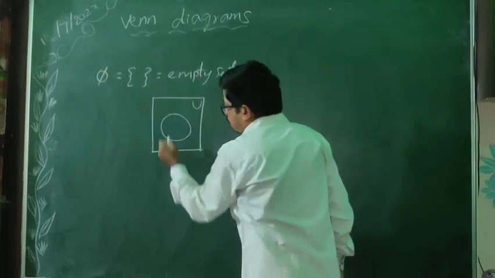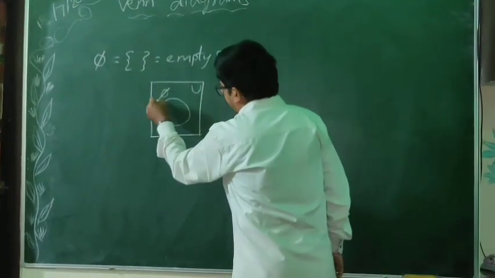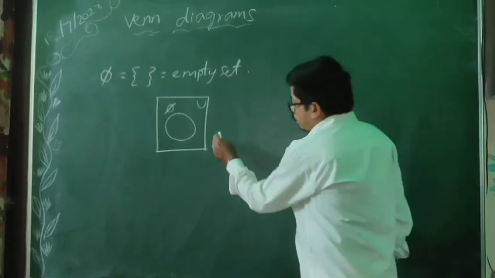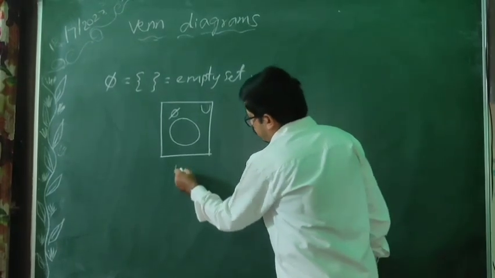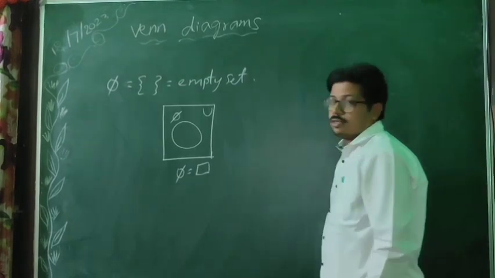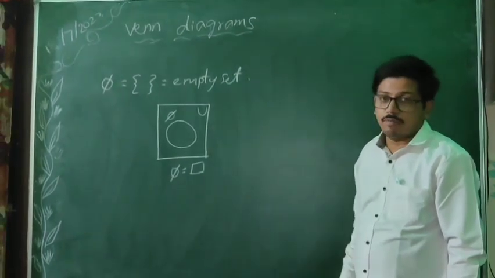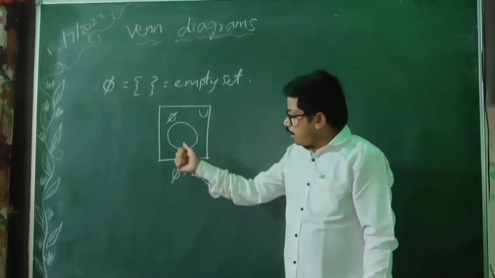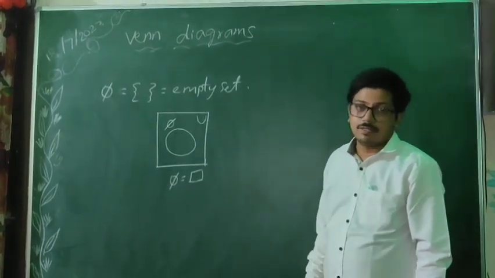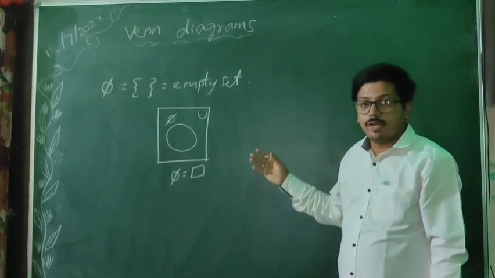In my opinion, I just draw the circle and leave it without any shading. Without any shading like this shows a void set or empty set or null set. We have different names for the empty set. I made it without shading because there are no elements in the set φ, that is, the empty set.